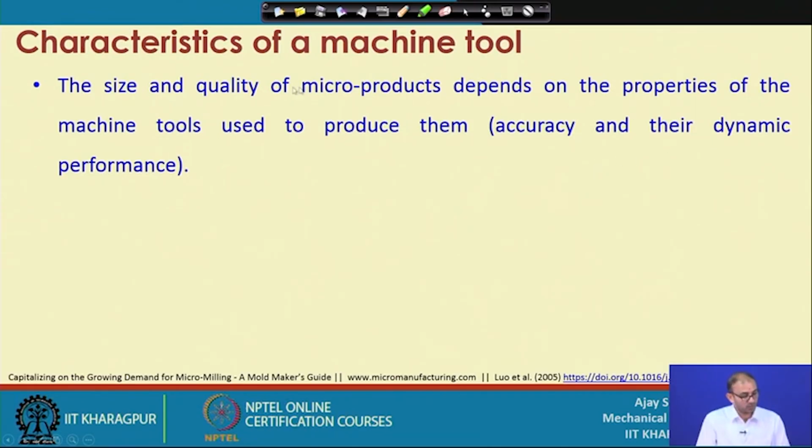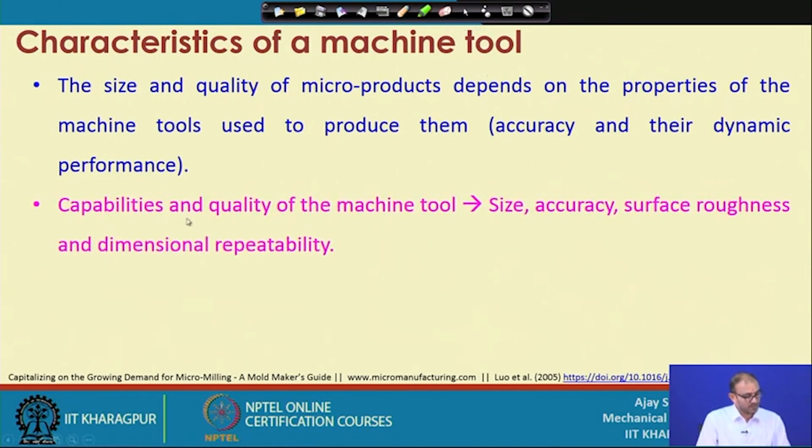But when the machine is in operation, the different components are in motion, that is mostly the XYZ slide, and the spindle is also rotating. So, there are many movable components. At that time how the machine behaves is also important, because that is the real life situation of the component. So, capability and quality of the machine tool is related to the size, accuracy, surface roughness and dimensional repeatability.